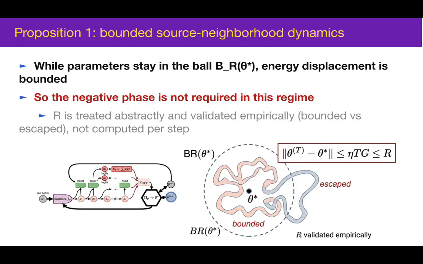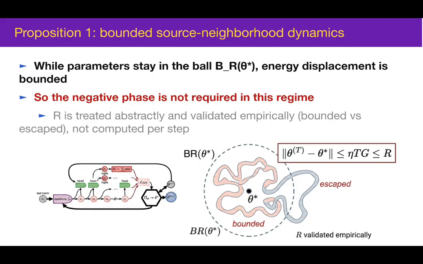Now, the first theory result, Proposition 1. A proposition is a proven statement, a bit smaller than a theorem. What it says is this: as long as the parameters stay inside a certain region around the source, which I call the ball of radius r, a kind of safe zone around the original model, then the energy stays bounded. It cannot blow up to NaN, not a number, or an extreme value.